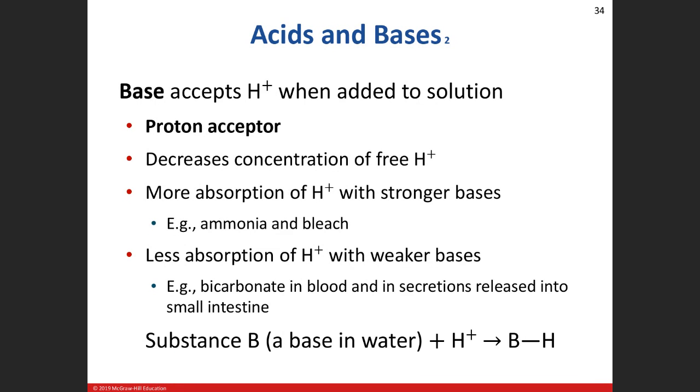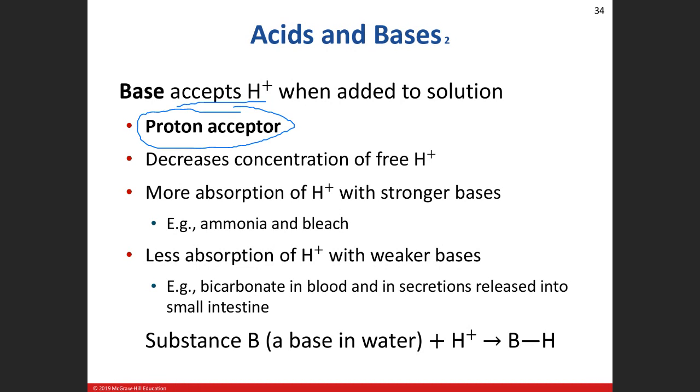A base is going to be something that doesn't donate, but accepts those hydrogen ions. I tell folks, think of a base as like a sponge for hydrogen ions. It likes to suck them up like a vacuum cleaner. So we refer to bases as proton acceptors.